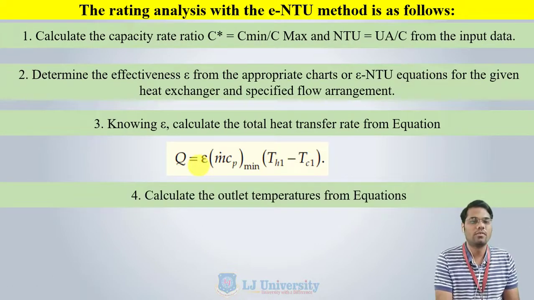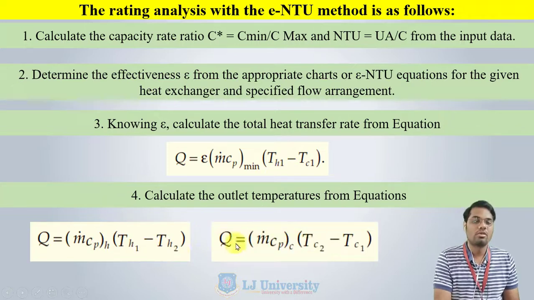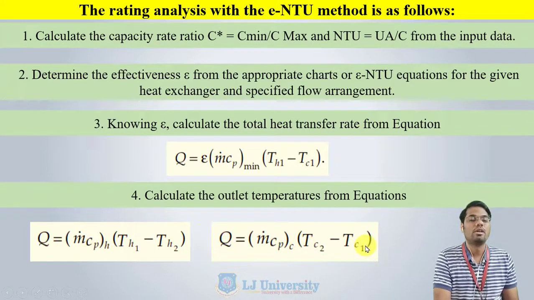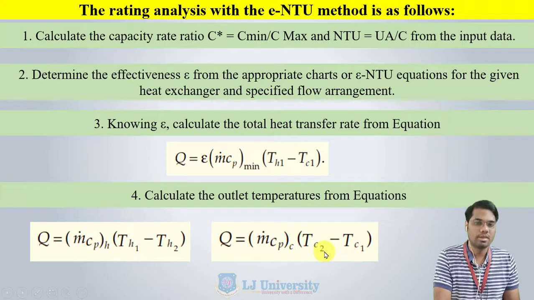After knowing the heat transfer rate, we can easily calculate the outlet temperature, because till now in this equation we required only inlet conditions, TH1 and TC1. Now we can calculate the outlet temperature by using this equation or this equation, because we know the heat transfer rate, the mass flow rate, the specific heat and also the inlet conditions TH1 and TC1. So by using both equations we can easily calculate TH2 and TC2, which are our outlet temperatures.